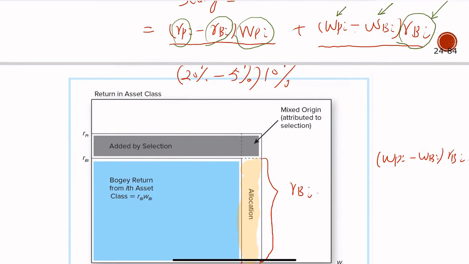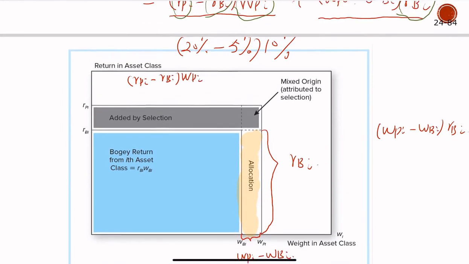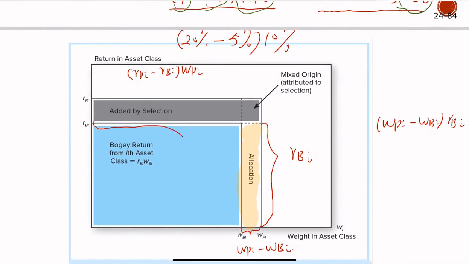And then you can see that security selection is calculated by RPI minus RBI times WPI, right? So you can see that this is WPI and this is RPI minus RBI. So you can see that we have this shaded area as a measure of security selection.